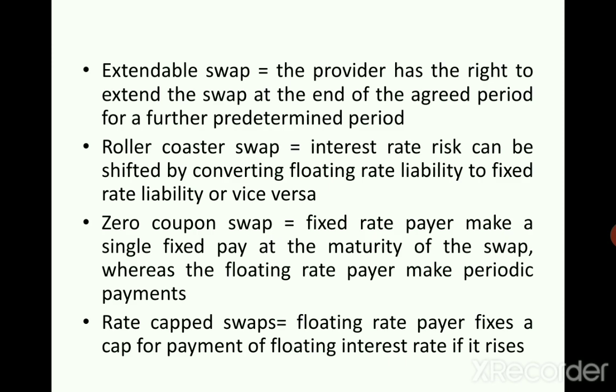The interest is calculated on a discount basis, whereas the floating rate payer makes periodic payments. So here the floating rate payer will make periodic interest payments, whereas the fixed rate payer will make the payment only at the maturity of the swap on an undiscounted basis. We call this a zero coupon swap.